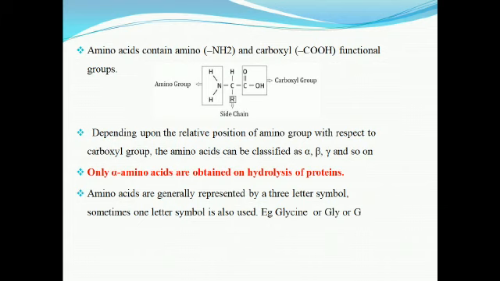Only alpha amino acids are obtained on hydrolysis of protein. Amino acids are generally represented by a three letter symbol or sometimes by only one letter symbol, like glycine can be denoted as GLY or G only.